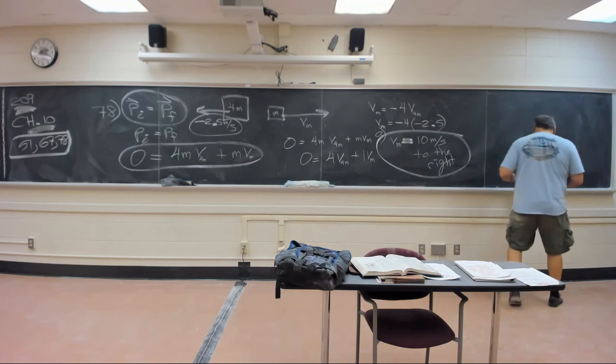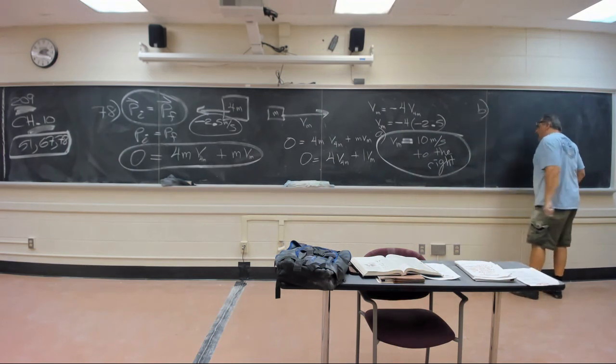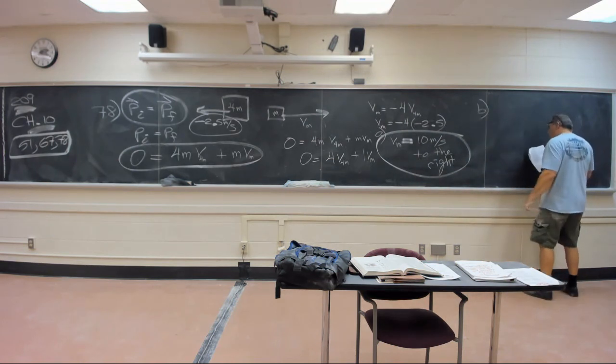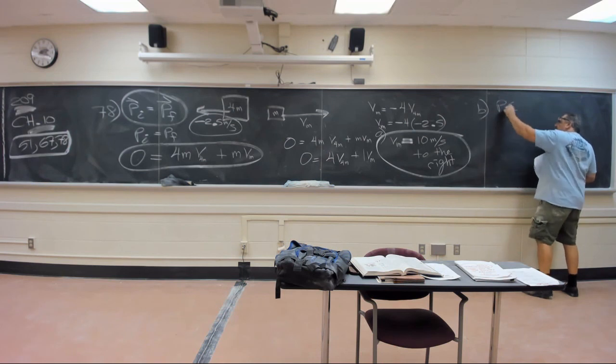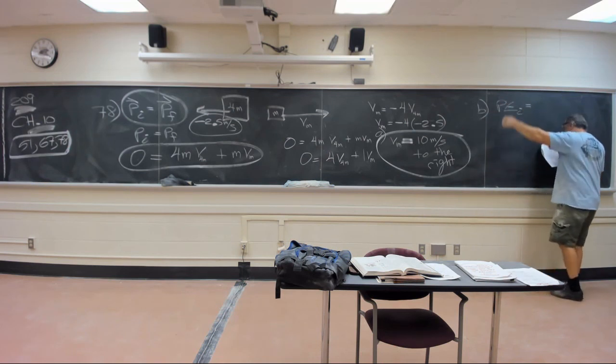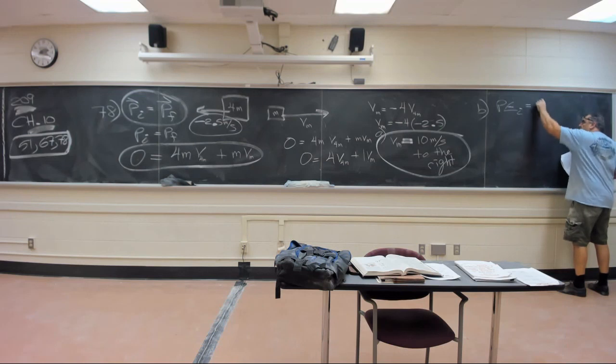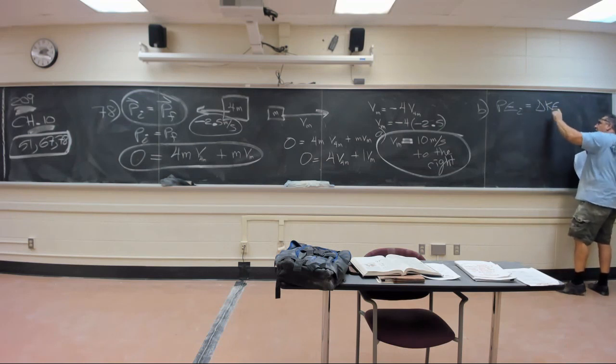B, well, there's no kinetic energy to begin with. The potential energy that's initially present is all going to get fired up and change the total kinetic energy of the system.